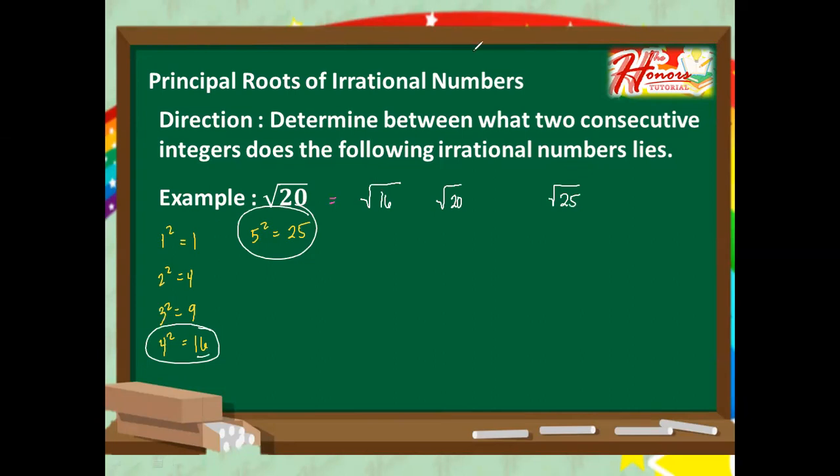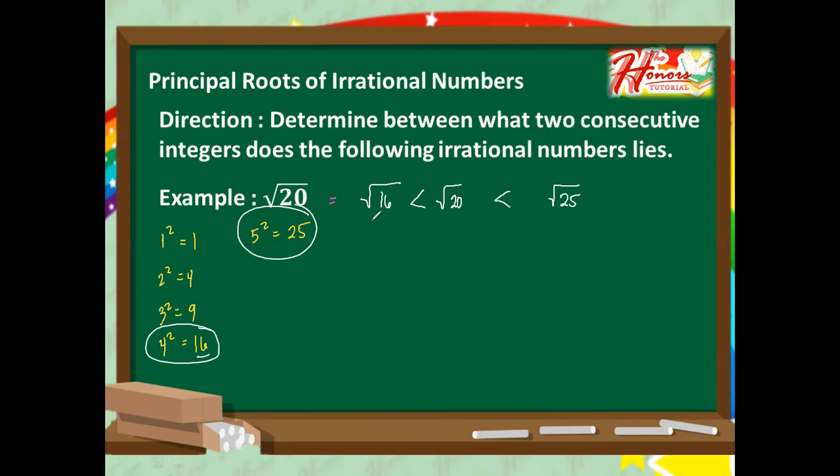And of course, we have to have our symbols. The square root of 20 is greater than the square root of 16, which is true. And the square root of 20 is less than the square root of 25, which is also true.